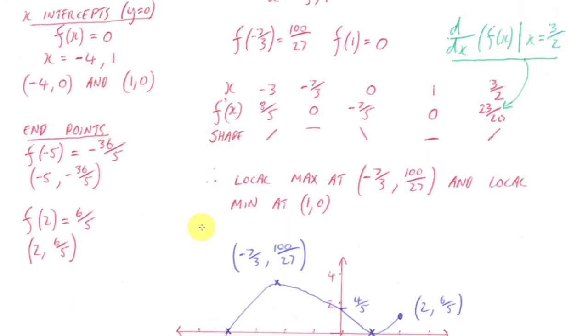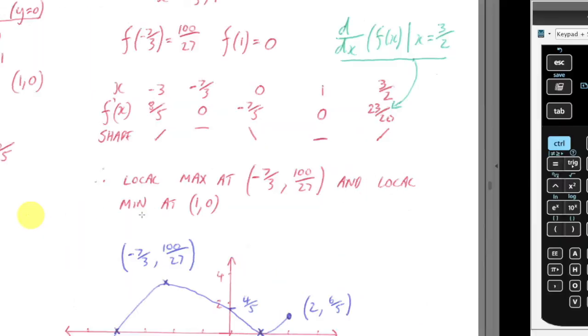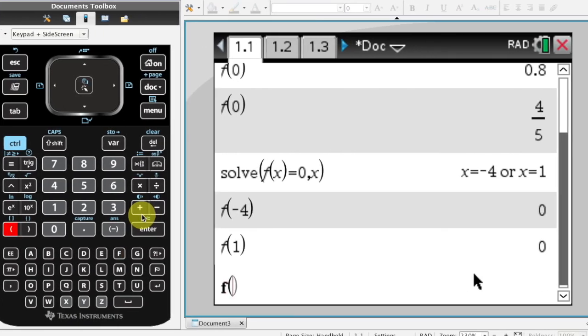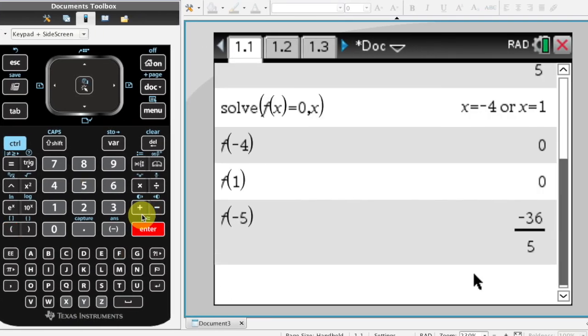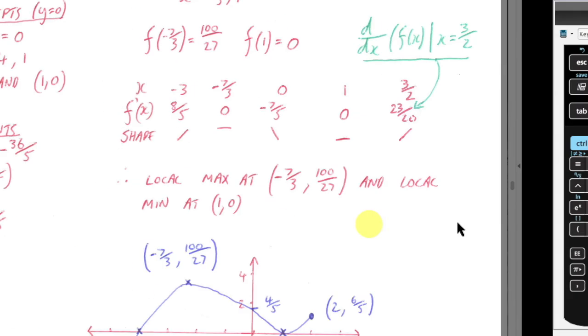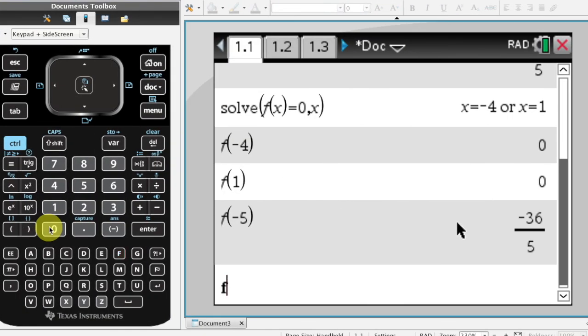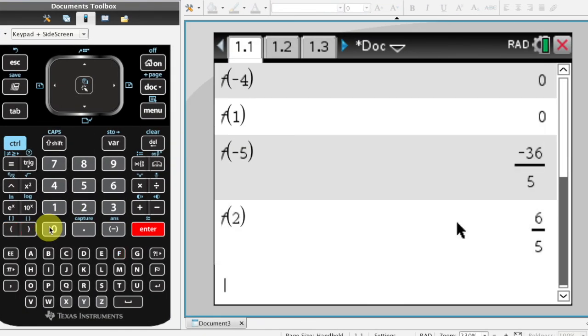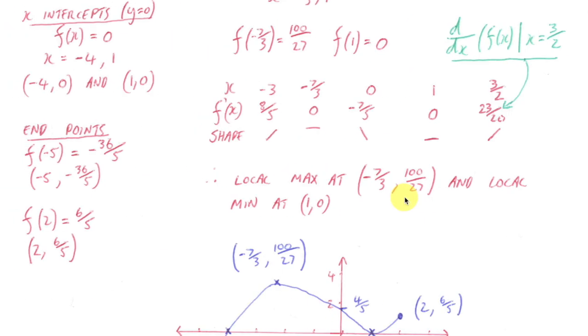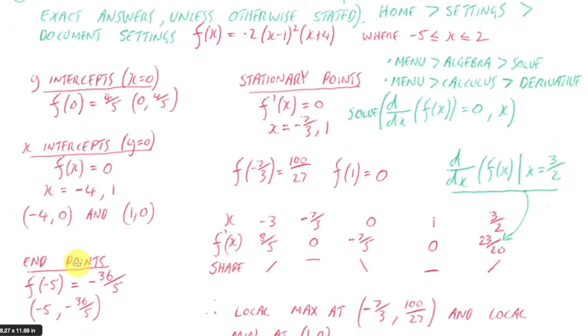Endpoints, I've got between x equaling -5 and x equaling 2, so f of -5, and notice it gives it to me in exact format, and my other endpoint is x equaling 2, so f of 2, and there it is again, exact, 6/5. So I've got my endpoints.